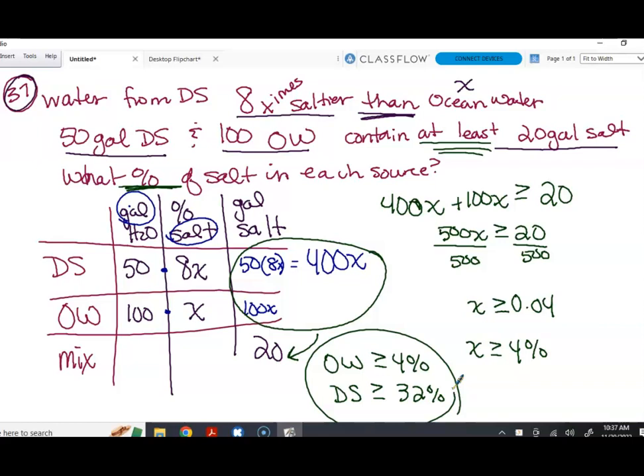Oh, alcohol. We had like 90% and 70%. He's like, Mom, if you mix them, that's 160% alcohol. I'm like, no, it's not. It's a mix in between, right? It's a blend because there's water added. So the mix's percent of salt is going to be somewhere between 4 and 32%.